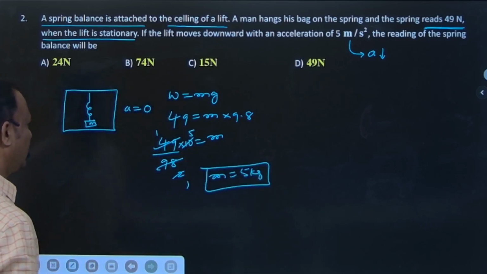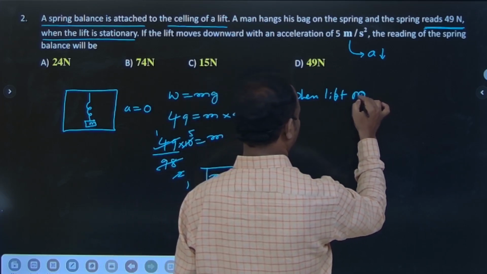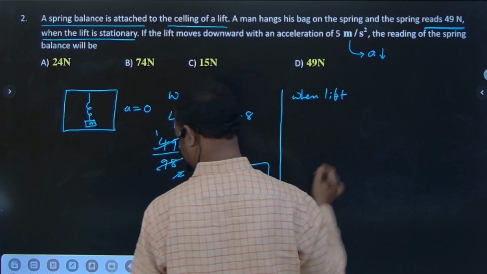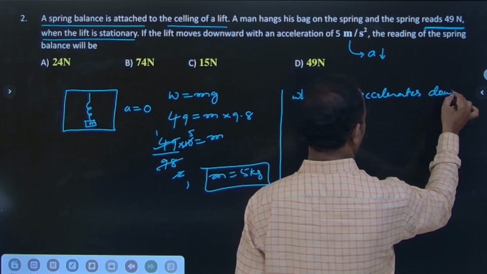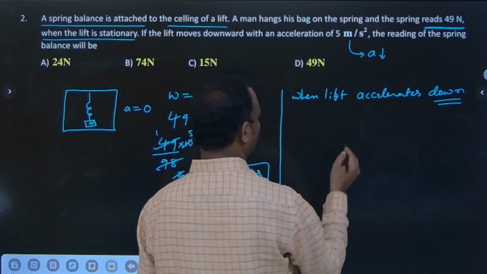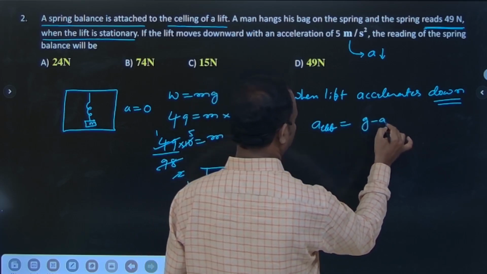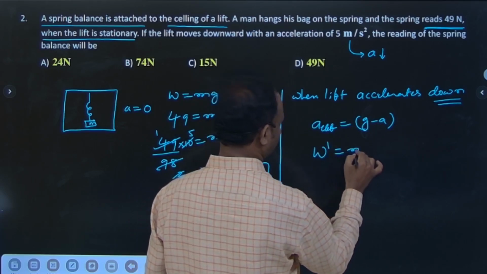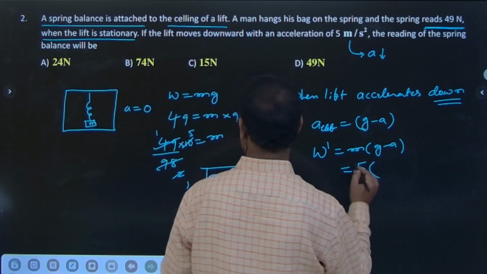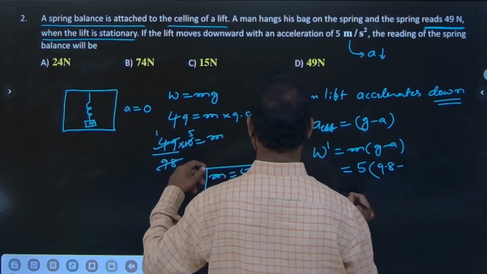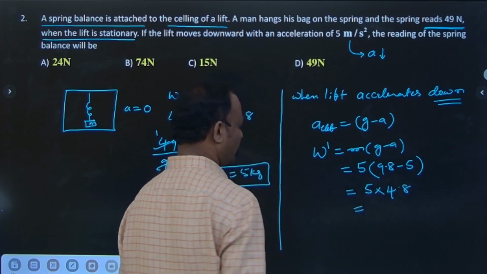Now when the lift moves in the downward direction, when the lift accelerates downwards, the effective acceleration is g minus A. So its weight W dash is equal to m into g minus A. Substituting the mass as 5, g as 9.8, minus A as given, it is 5 into 4.8.